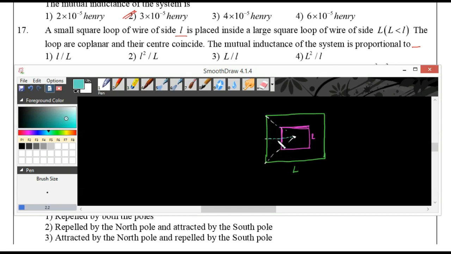This distance is L by 2. Here the angle is 45. Now let us assume that current I is flowing through this one. Then the magnetic field due to this current at the center is B = mu naught by 4 pi into I by R, where R is the distance L by 2.